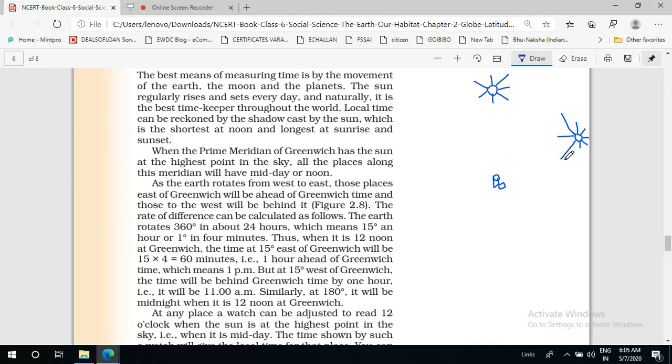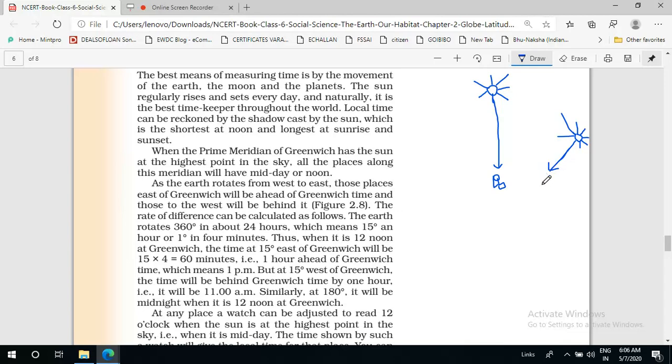So when slanting light falls, in this situation the light is straight, and because of this straight light, the shadows of things are short, and when the light is slanting, then the shadow will be longest.